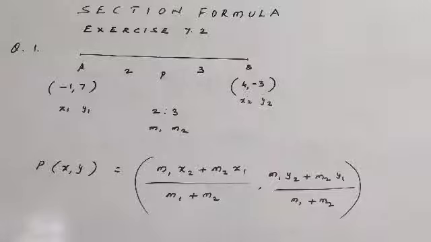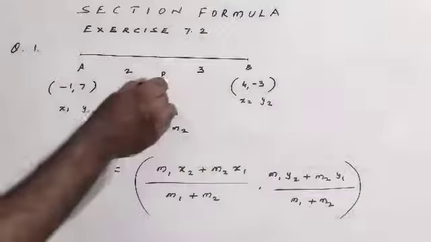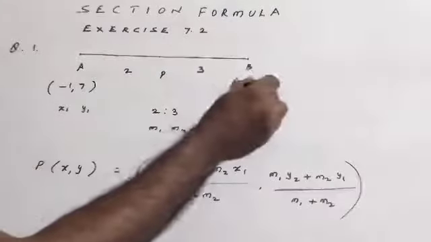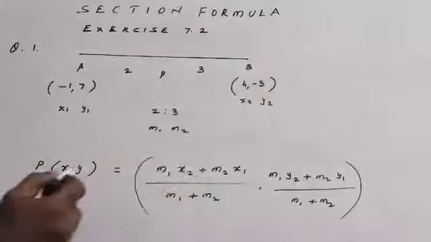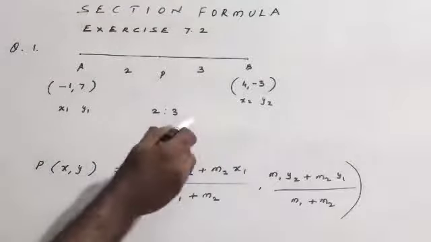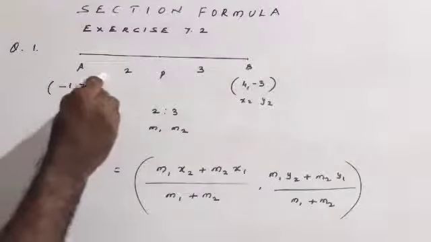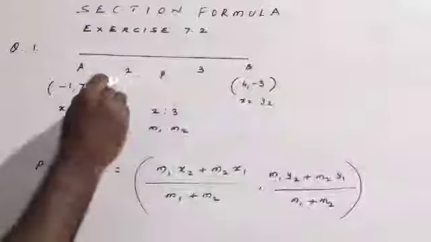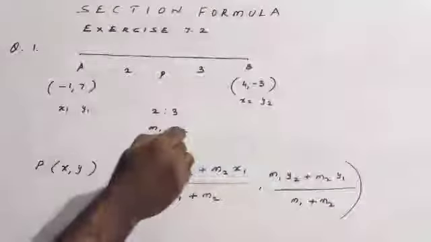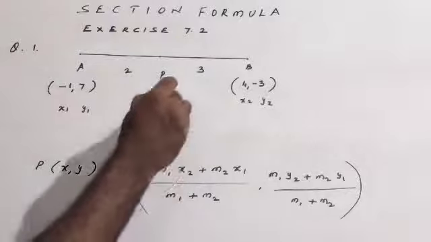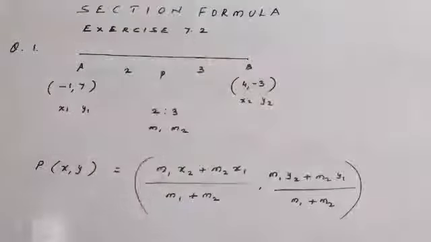In this problem, we want to find the point, that is P, which divides the line segment AB in the ratio 2:3. So put 2 in the part AP and put 3 in the part PB.